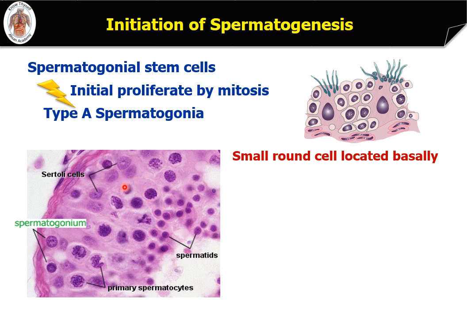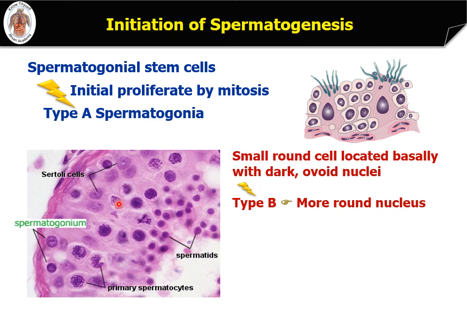These are relatively smaller, rounded cells with a darker nucleus, almost ovoid or rounded in shape, and they continue division and differentiate into B spermatogonium. B spermatogonium has a more rounded nucleus.